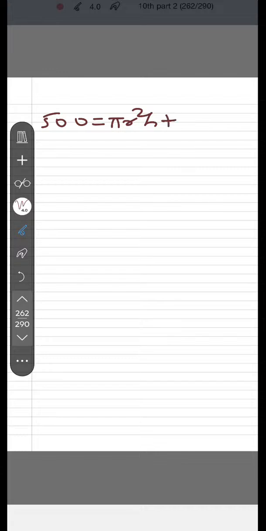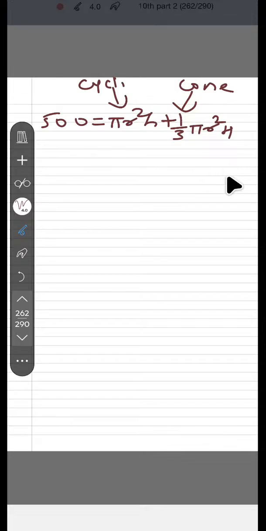I have used here the formula equal to 1 upon 3 pi r square h. This h is representing the formula of a cone, and this one is representing the cylinder. So 500, here pi r square is common, therefore I am going to take pi r square common.